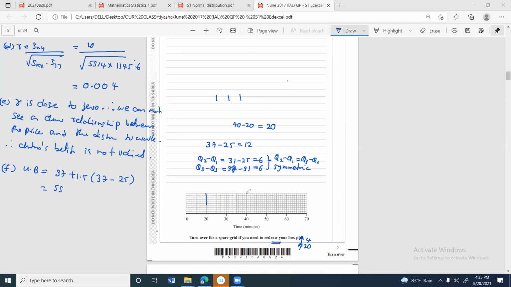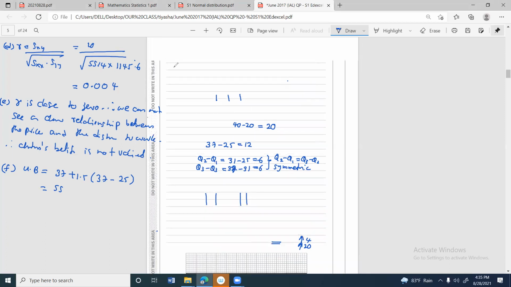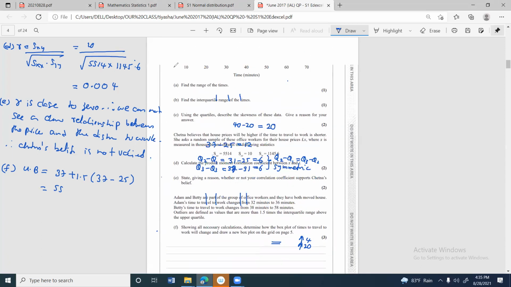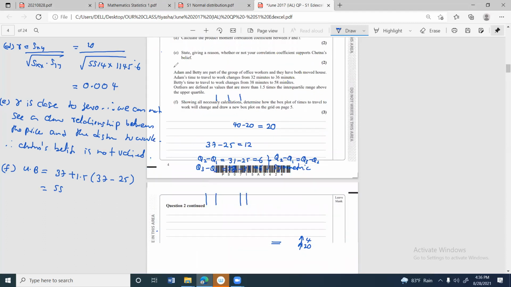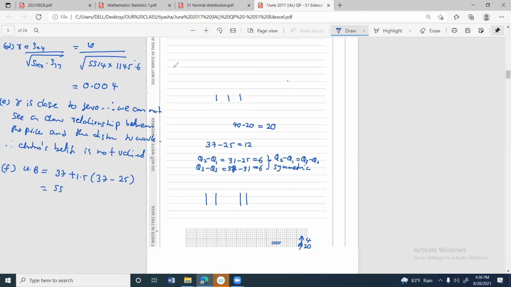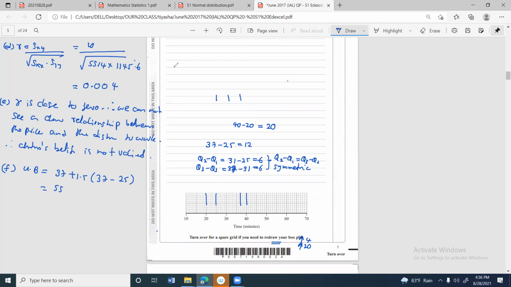The first quartile, as we already knew, is 25, and the third quartile was 37. And the median over here was 31.